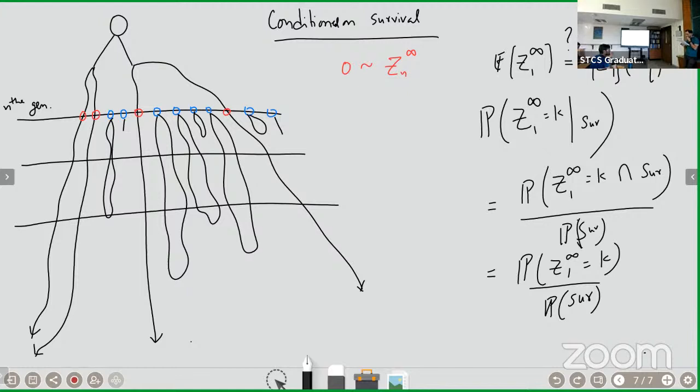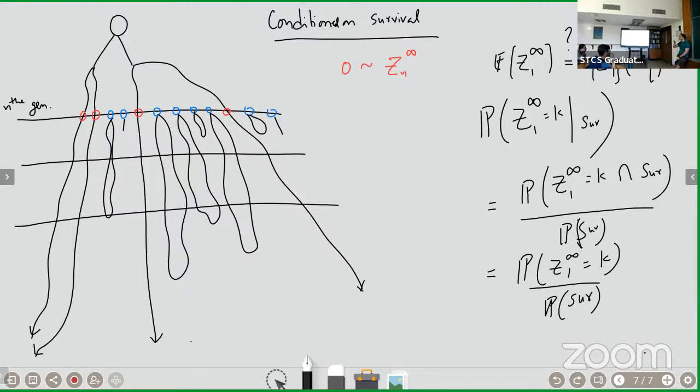We are asking the reason. So it is the probability of surviving given Z1 infinity equal to K, which will always be equal to... So when you have Z1 infinity equal to K, the upper expression can be written as the probability of surviving given Z1 infinity equal to K. Open it with another condition.